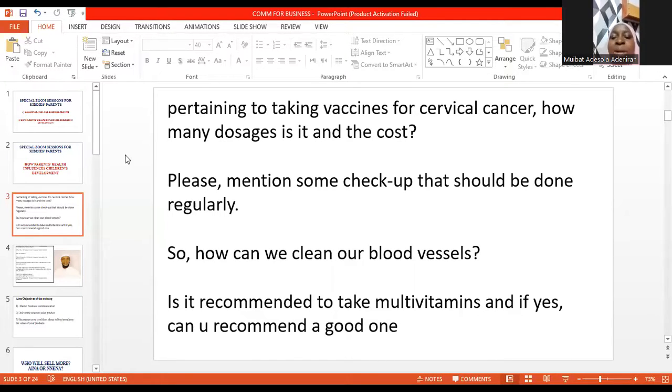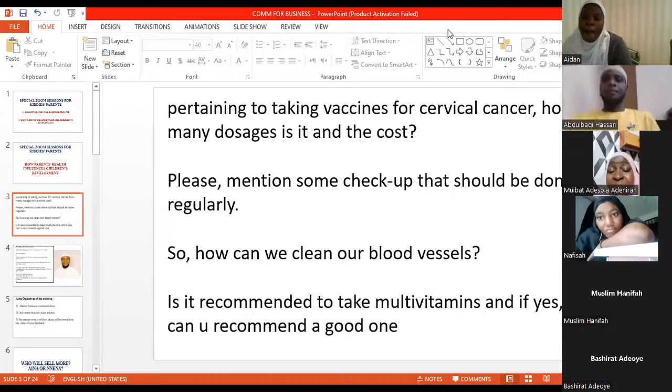It's just a normal way of life. It's not about being overweight before you start exercising. So when you exercise, your blood vessels will be cleaned. There's no need to use any products, any specific drug, capsules, even orthodox drug for that purpose.